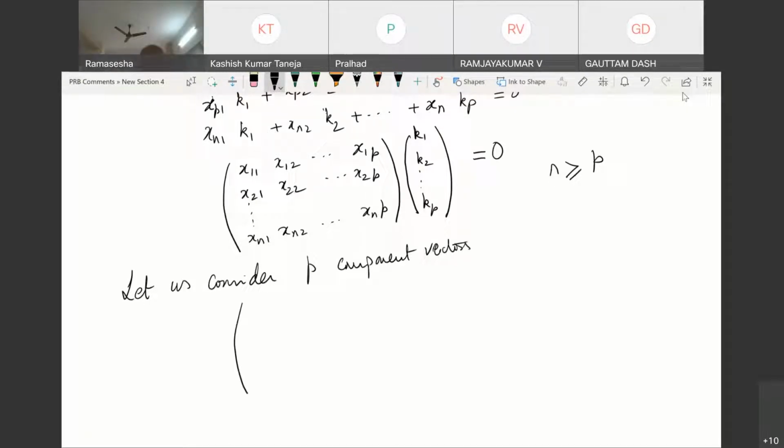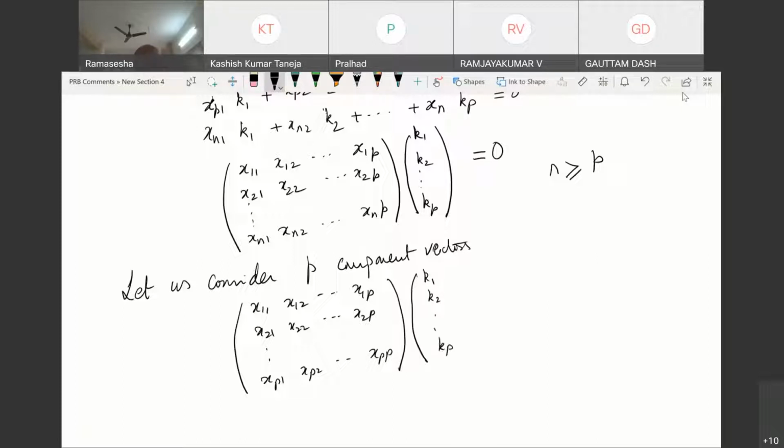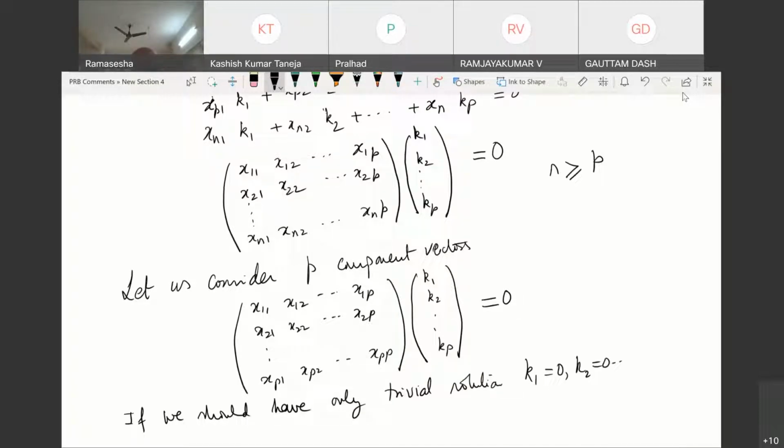If it is p component vectors, then what I'll have is the following: x11, x12 to x1p, x21, x22, x2p, xp2 to xpp times k1, k2 to kp. This is equal to 0. If we should have only the trivial solution, that is k1 equal to 0, k2 equal to 0, etc., kp equal to 0.